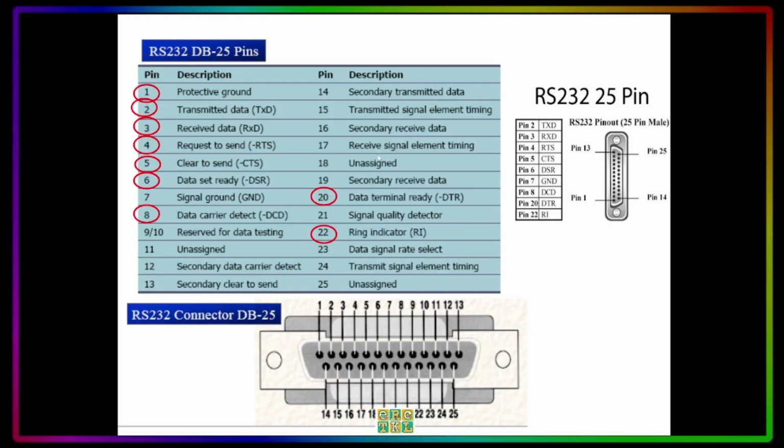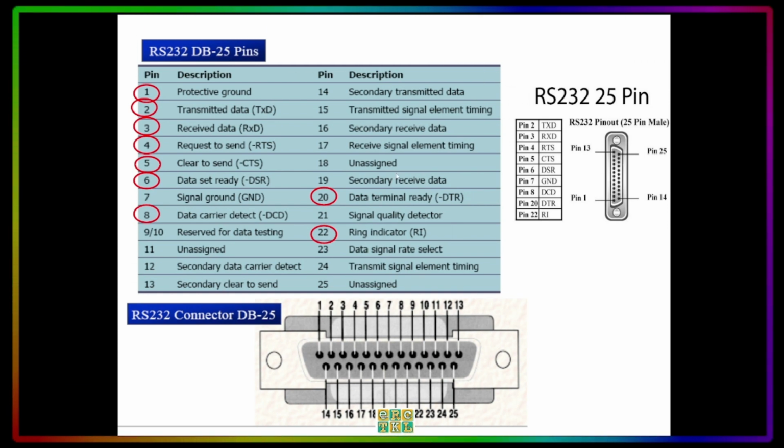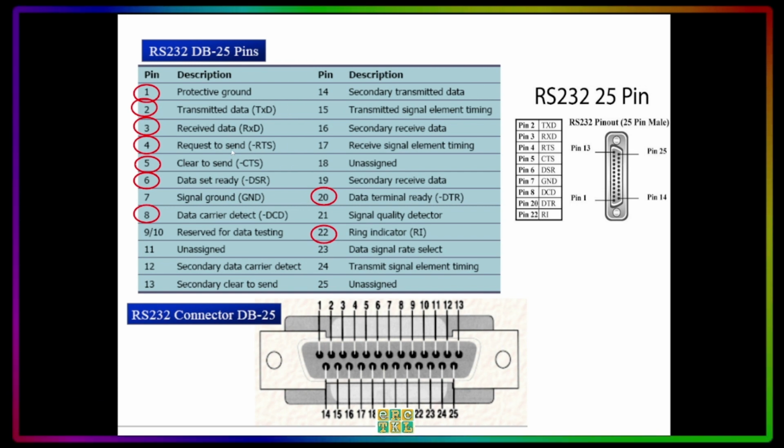Now, for RS232 DB25 pins, like this one in the diagram, you will see that it has number 1 up to number 25. And all of these pins have some description. I put circles here on the most commonly used, or the most important ones, compared with the other RS232 25 pins.